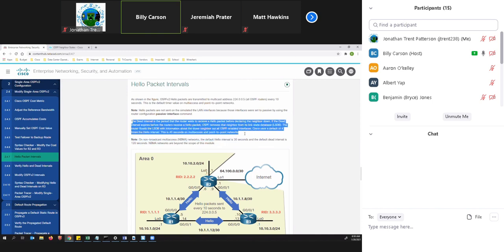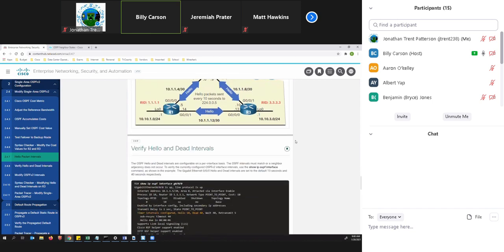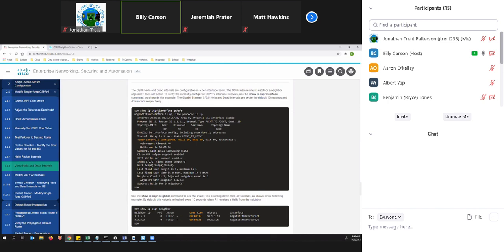If the DR goes off, then the BDR is elevated to a DR and we do an election for a new BDR. If the BDR goes off, the DR stays there and it does an election for the BDR. Looking at that interface, that gig interface is running OSPF. There's our hello command. By default it's 10, and you can see the dead man timer here.